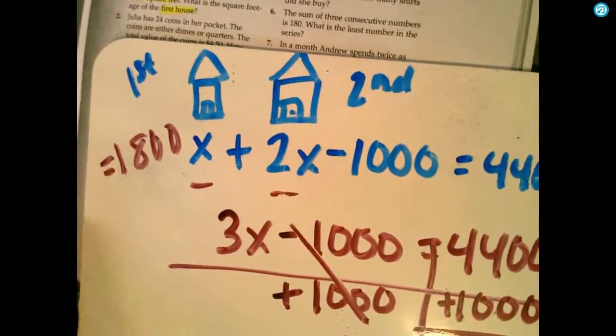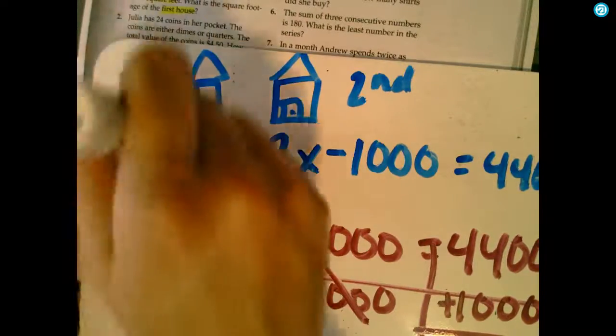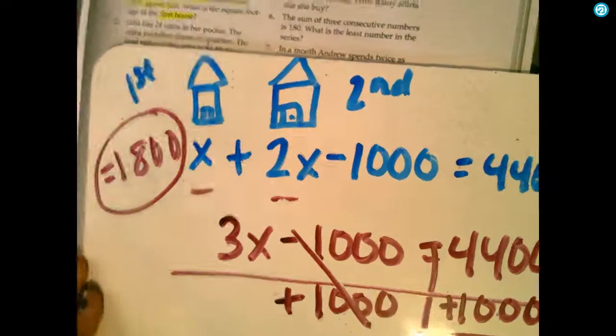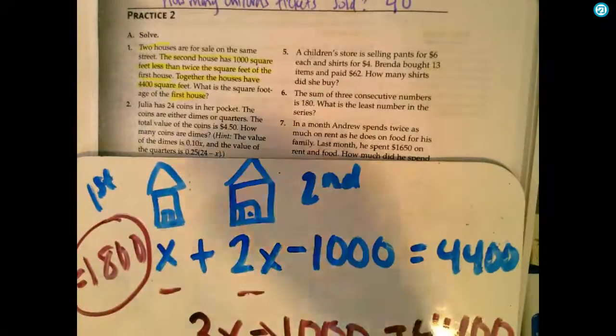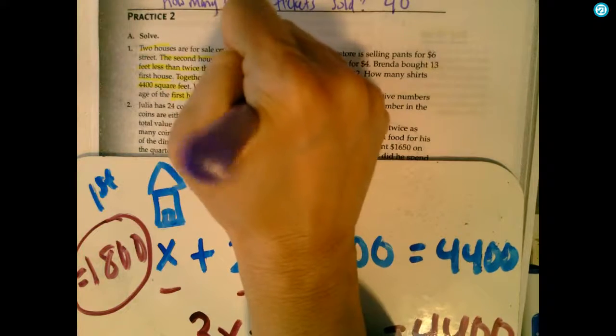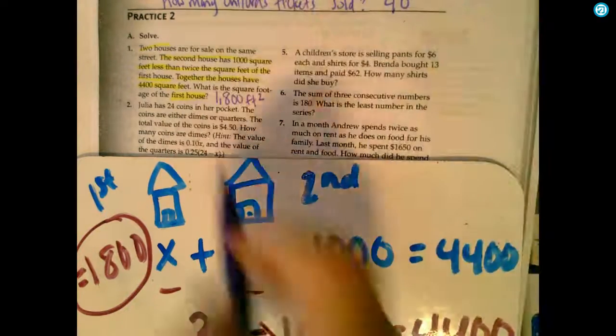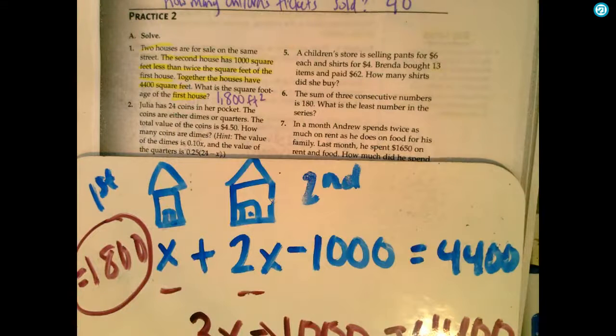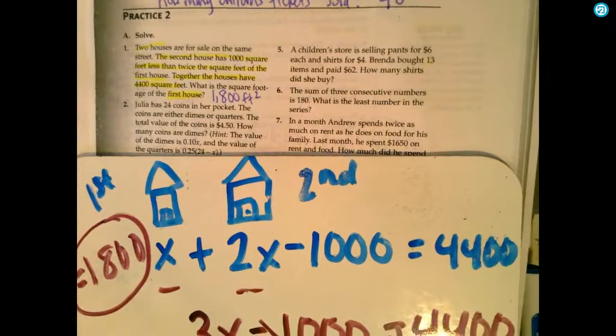But we got lucky and they just want to know how big is the first house. Well, because we solved for x, it's just 1,800. So number 1, 1,800 or 1,800 square feet. Make sure you read the question, because if they had asked for the square footage of the second house, we would have to put in a different answer.